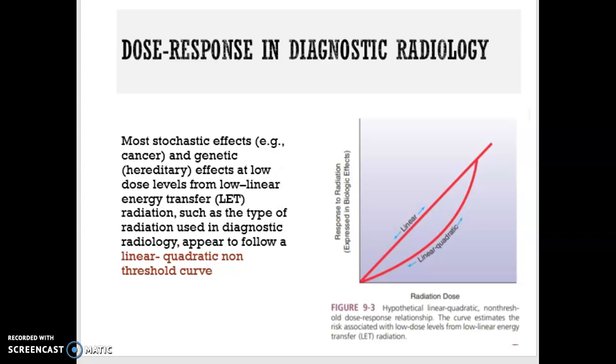Health concerns that are presumed to follow this curve include leukemia, breast cancer, and hereditary damage. That being said, a linear non-threshold curve is currently used for most types of cancer.